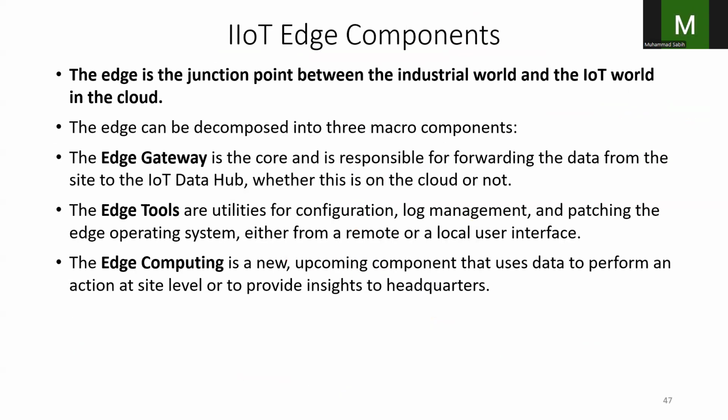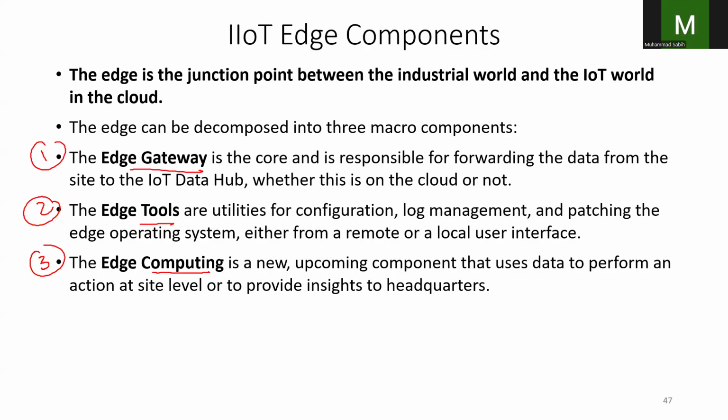Okay, so let's now understand the key components of the IoT Edge. What are the components and how is it being standardized? This basically serves as the bridge between the industrial operation and the cloud-based systems, and it has three main components: the edge gateway, the edge tools, and the edge computing.